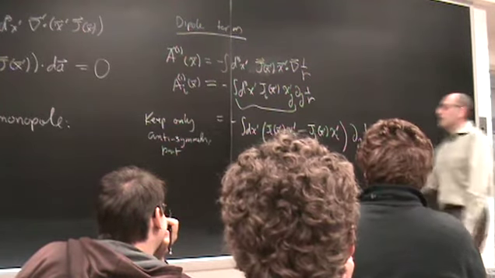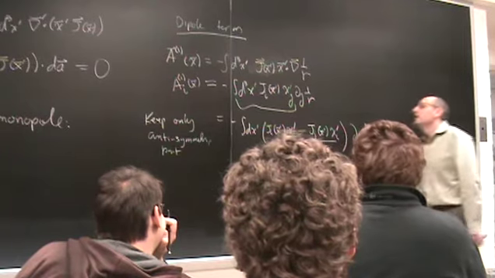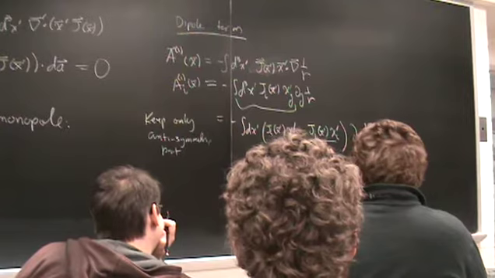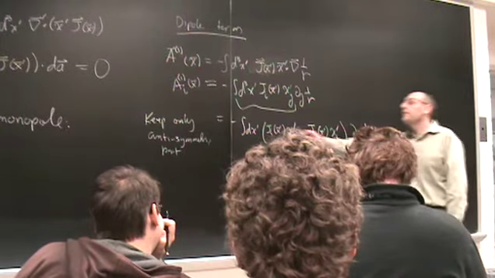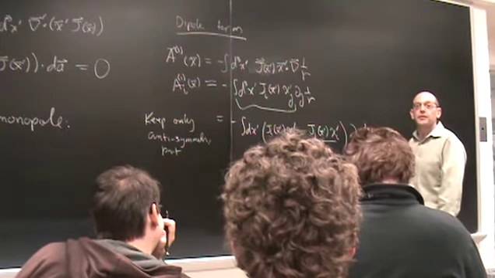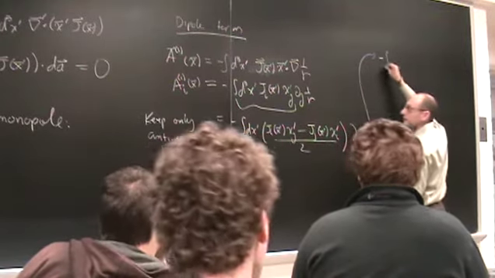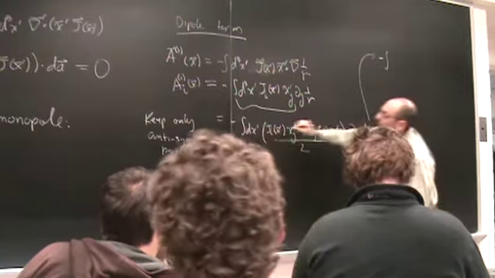And this antisymmetric tensor, we know, has 3 independent components, which are the 3 independent components of the cross product between those two.